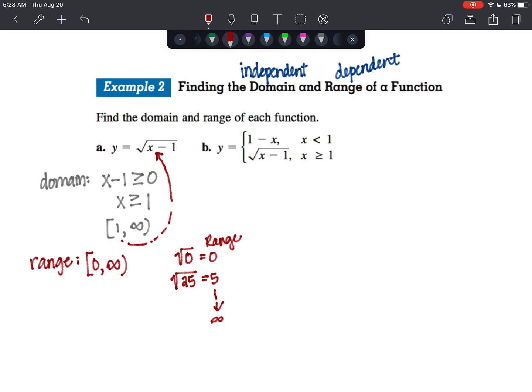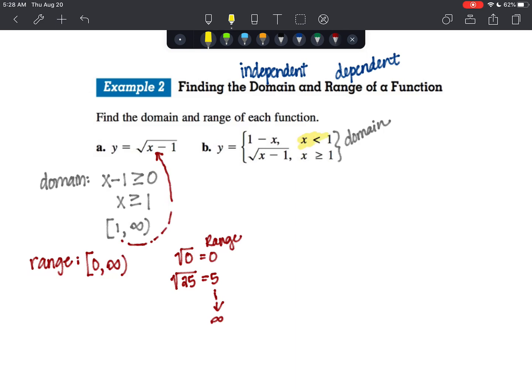Now the piecewise function is similar with respect to, we've got our radical equation, we've also got a linear equation. We've got a domain, however, right here that's already told to us. So we don't have to calculate that domain.